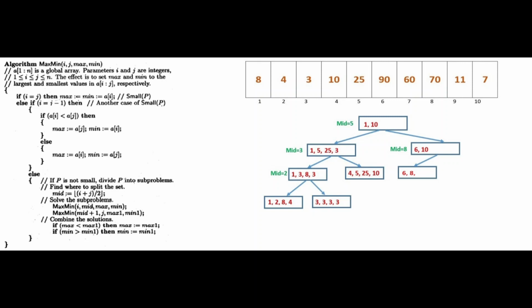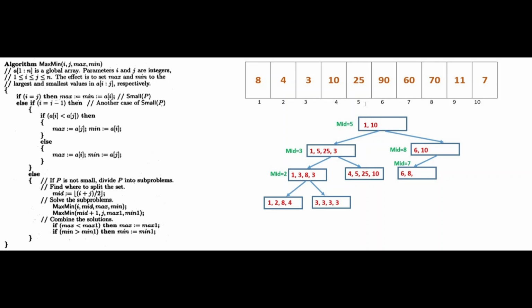From these 3 elements, 90, 60, 70, we have to find which is the maximum and which is the minimum. The problem is not small, it is a large problem, so we go to the last else block. In the beginning, we find the mid value. Mid is equal to 6 plus 8 by 2, 14 by 2. So mid is equal to 7.